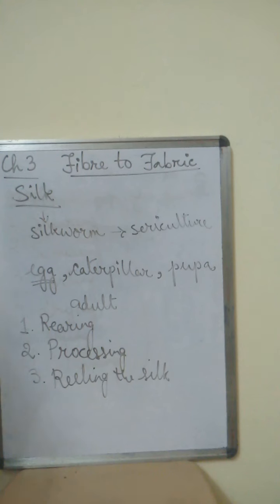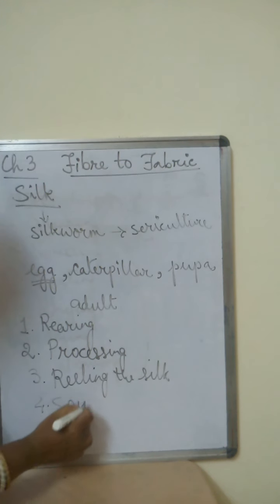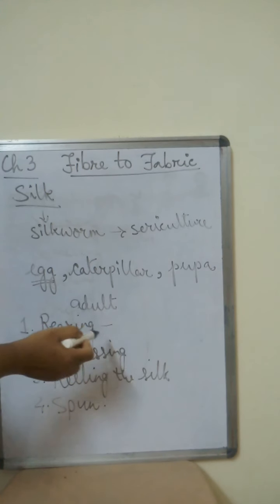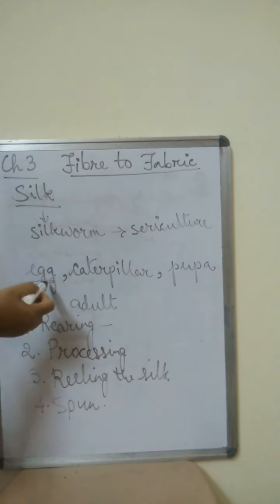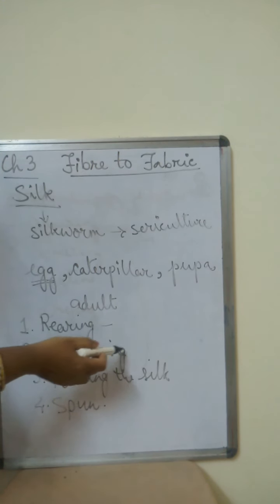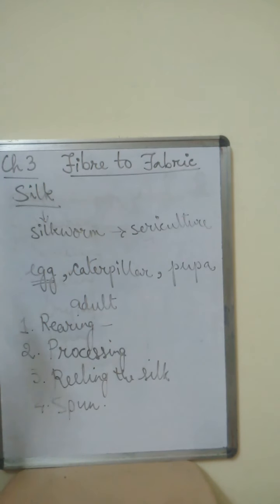Now after reeling, what happens? The fibers are spun into thread, and then we use it in silk fabric. So what are the four processes? First is rearing, where we take care of the egg till it becomes a cocoon. Then processing, where we boil the cocoon and expose it to heat and bright sunlight.